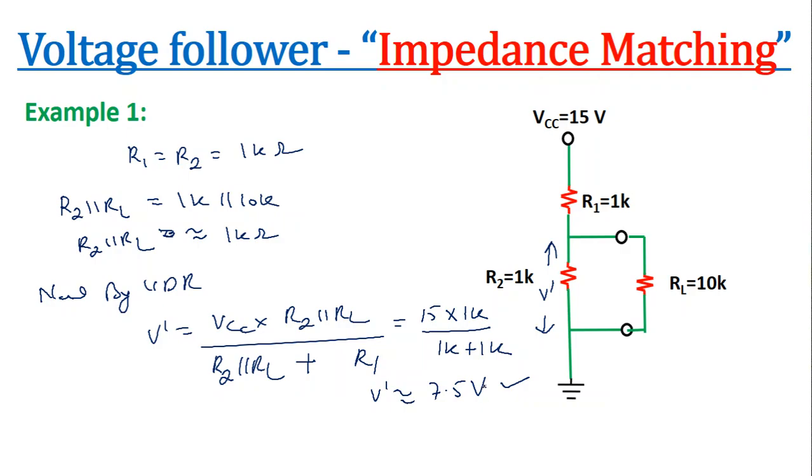From this we can observe that for getting the desired voltage, the impedance of the source from which the voltage is coming to the load should be low, and the impedance of the load should be high.